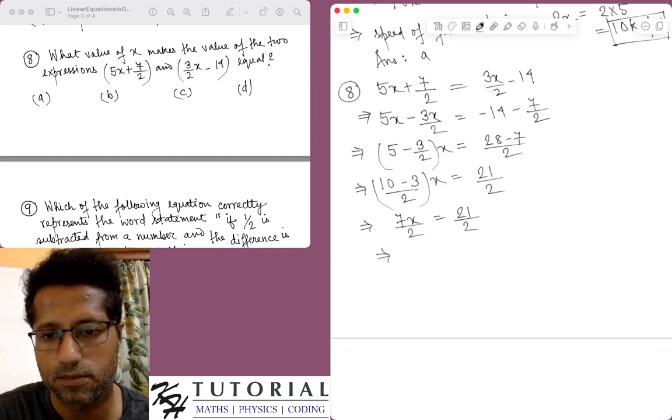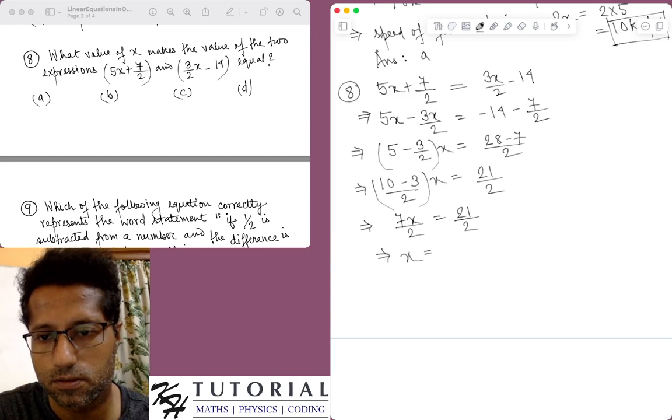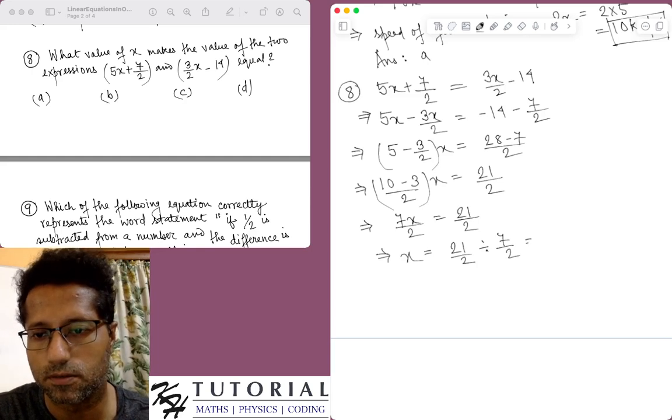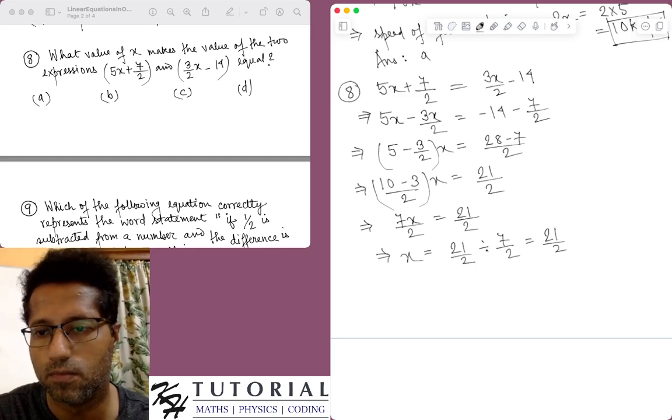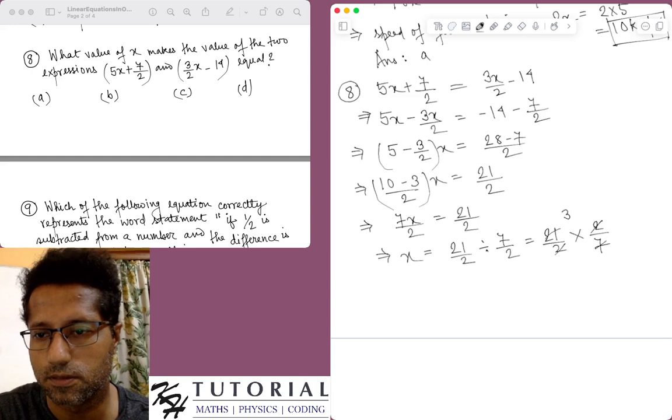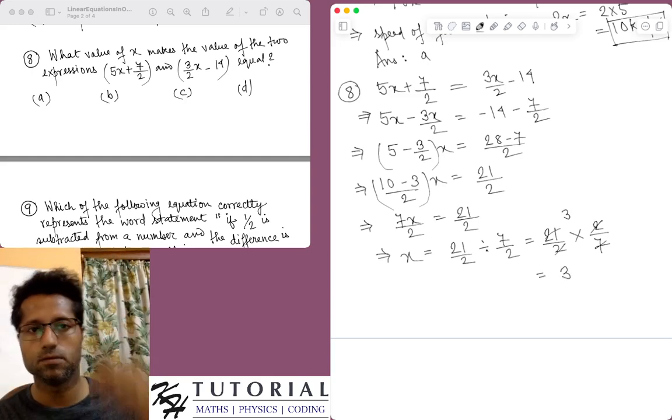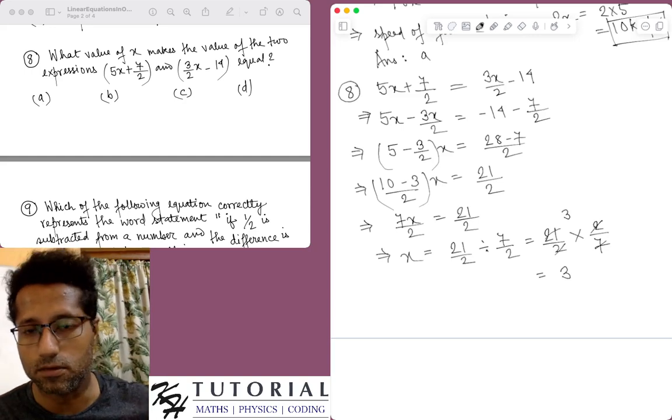So this implies x equals 21 by 2 divided by 7 by 2. This is nothing but 21 by 2 multiplied by 2 by 7. After cancellation, this equals 3. So the solution of the linear equation we got, x is 3.